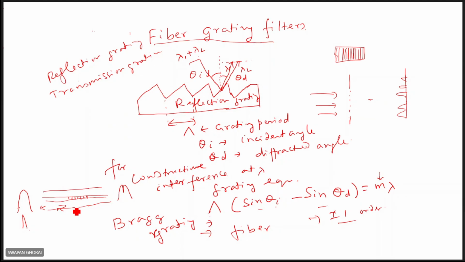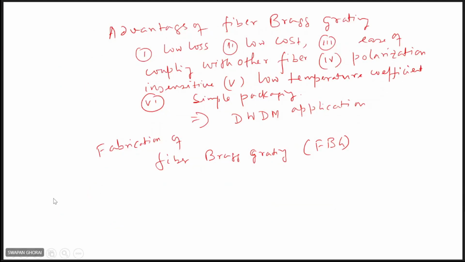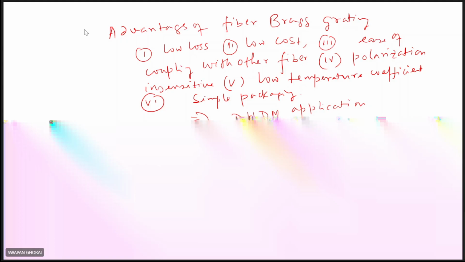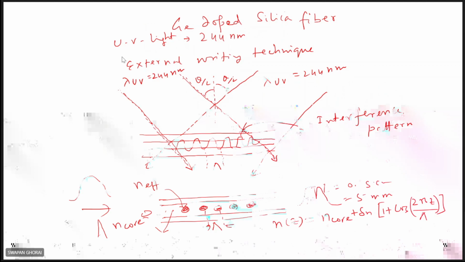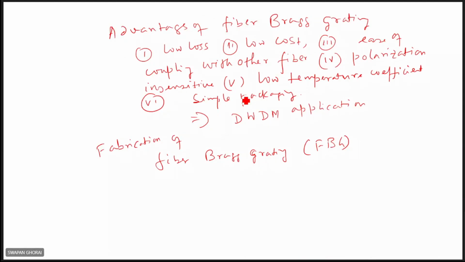Well, you see it here. What are the advantages if you have this grating? Advantages will be that it has very low loss. It's an all-fiber grating. For other filters, if you use them in between fiber, then loss will be there.